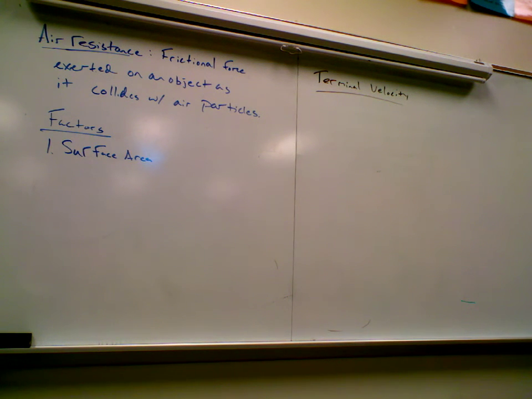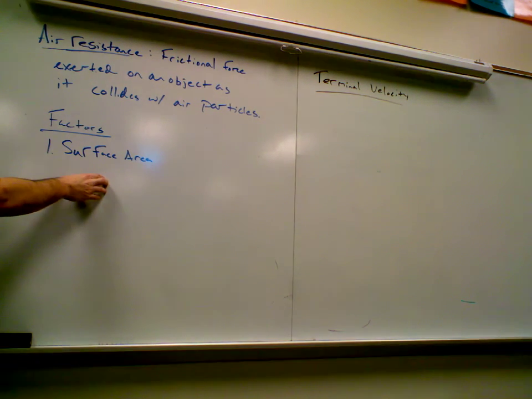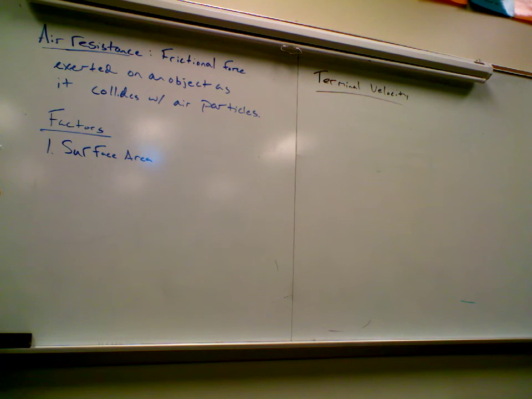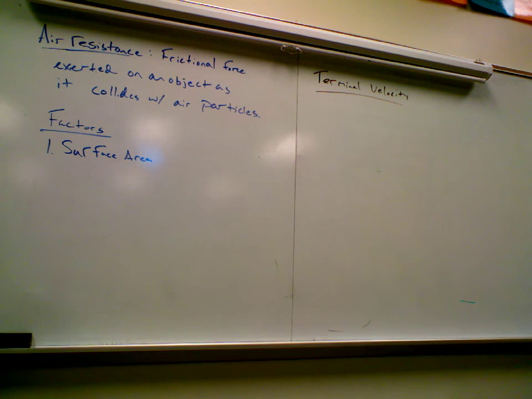Or a big truck has a big rectangular front. Surface area and cross-sectional area are the same thing. That's how many particles an object collides with. Does it have a direct or inverse relationship with air resistance? Direct, right? The uncrumpled piece of paper fell slower because it experienced more air resistance. So surface area has a direct relationship.